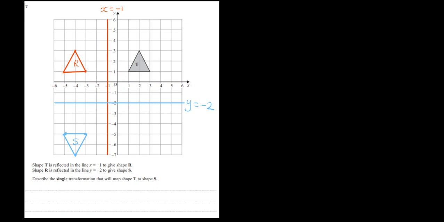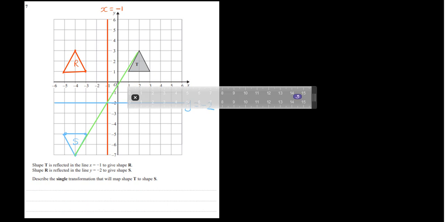So what we need to do is connect, I need green, the top of the two triangles. This is to find the center of rotation. So I'm going to connect the two top lines, and I need to find the midpoint. It might be useful to use the ruler now. Let's see if I can get that ruler. Yay, I've got a ruler.